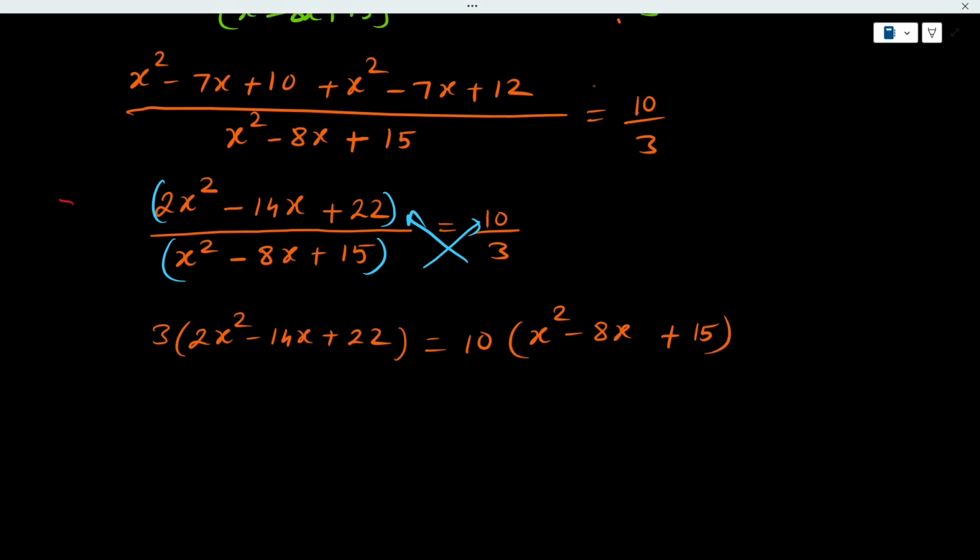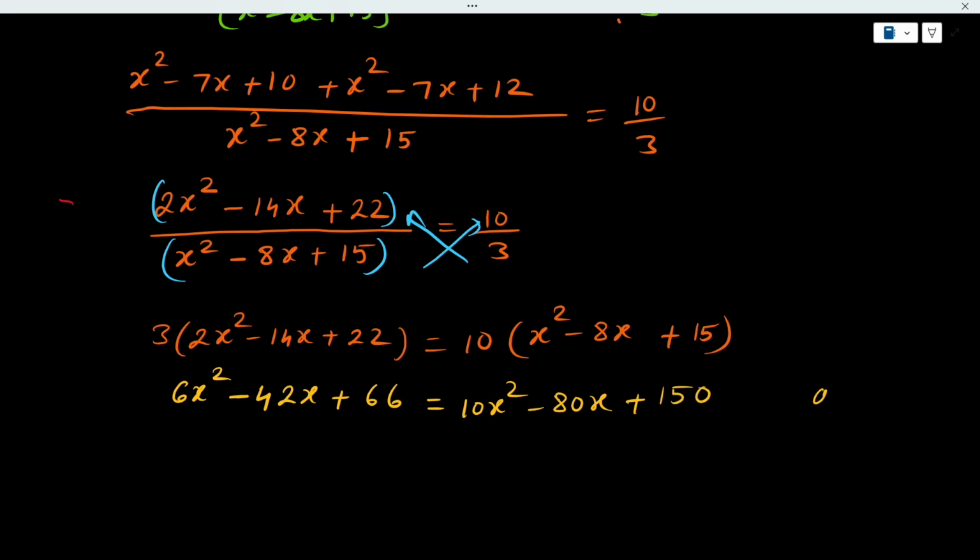Right, now again I'll use distributive property to open the bracket. 10 will get multiplied with all the three terms. So it will become here 6x square, 14 threes are 42, minus 42x plus 66 equals to 10x square minus 80x, right? Then here plus 150.